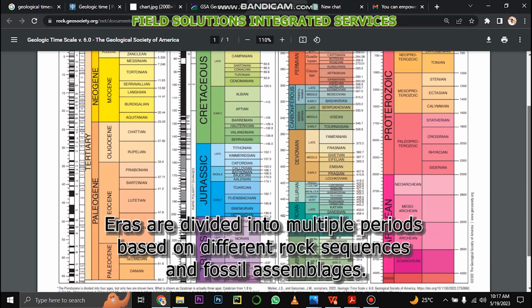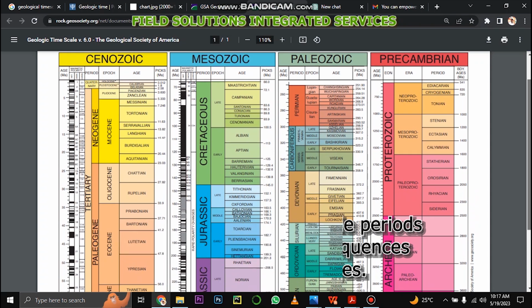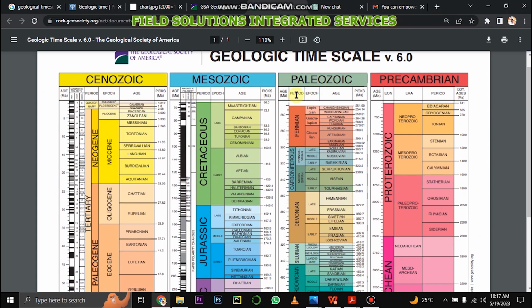Interesting. If we look at the Paleozoic era, the first subdivision that we will see here is the period subdivision. So after the eon, we have the era. After the era, we have the period.